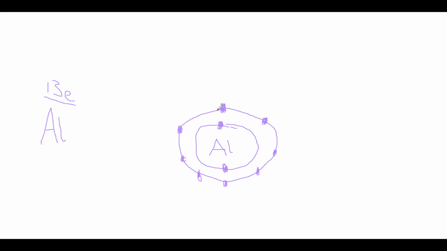No more can go on there. But let's count up our electrons. 1, 2, 3, 4, 5, 6, 7, 8, 9, 10. We've only put 10 electrons down so far, but aluminum has 13 electrons. So what that means is that we still have a couple more that we need to put down. So we'll expand out to the third shell.